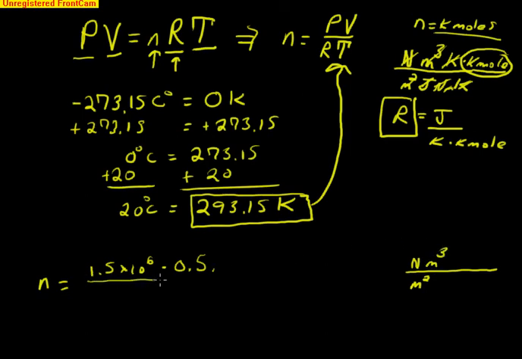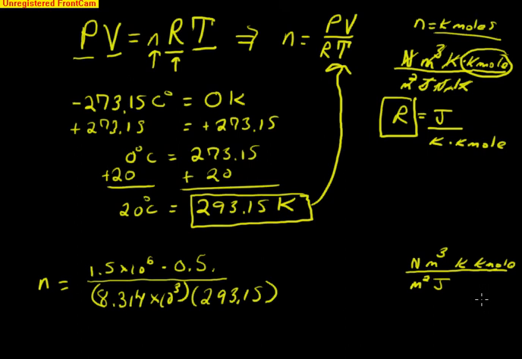This is all being divided by R, which in this case is 8.314 times 10 to the third. This quantity right here gives you the dimensions of joules per Kelvin per kilomole. And then of course over here we just solved for our 293.15 Kelvin, and there's our Kelvin.